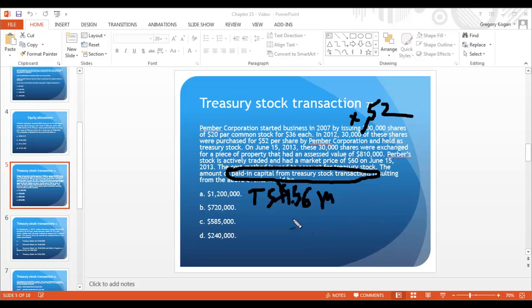Now the next journal entry that we get into is, it says on June 15th, it's later on, right? 30,000 shares were exchanged for a piece of property, and at the time the price of the stock was 60, right? So what happens now?